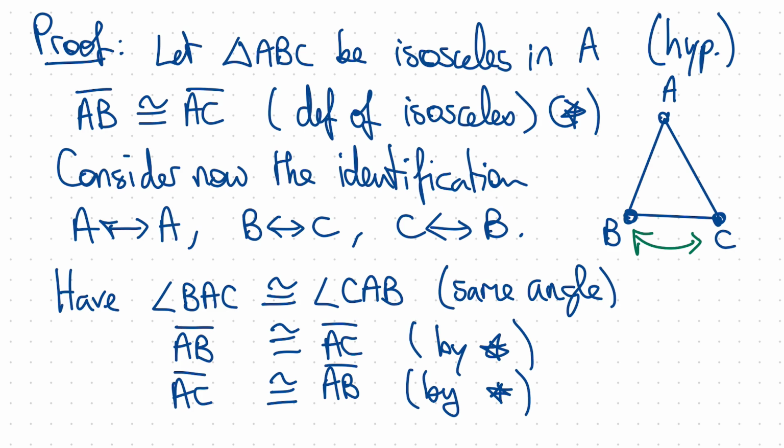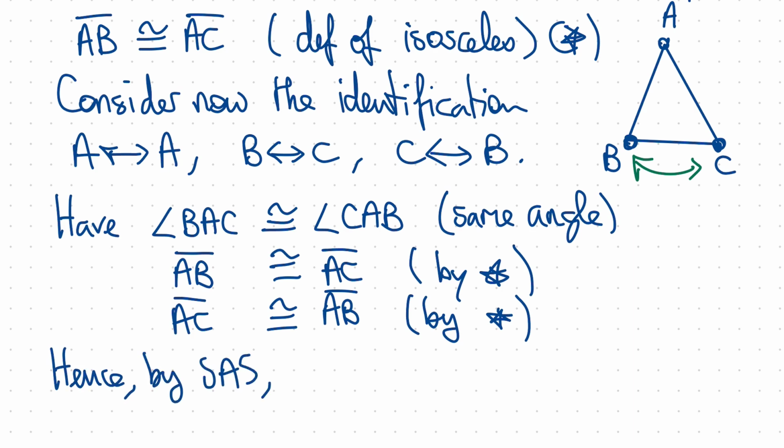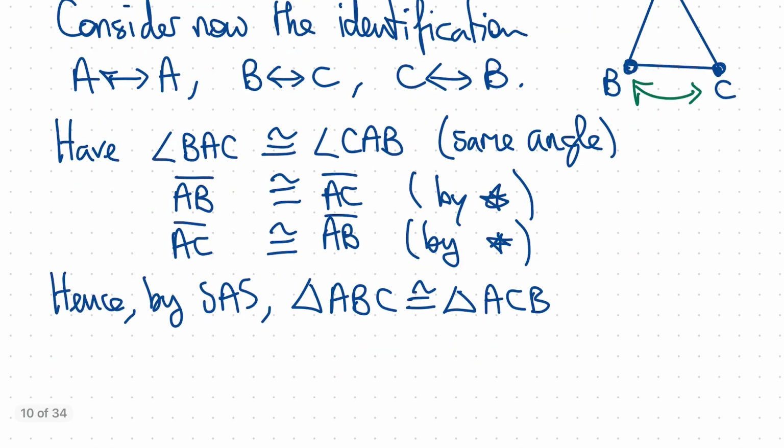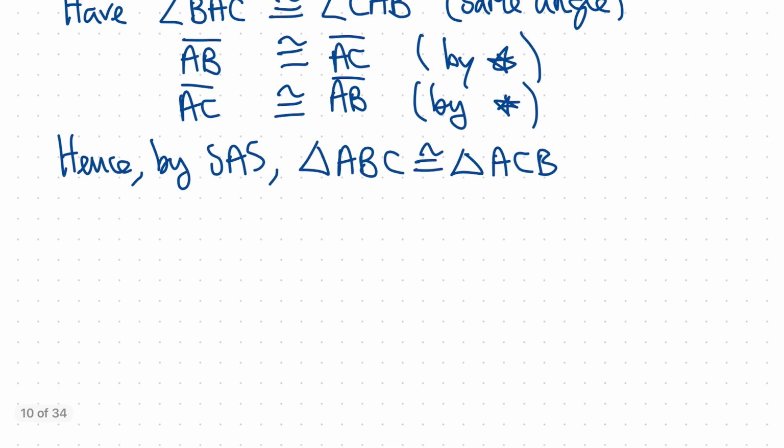And implicitly in this, we've used the axiom that congruence is an equivalence relation. And then from this, we have therefore used side angle side to show that triangle ABC is congruent to triangle ACB. So we use side angle side on the triangle with itself, but where the identification of the vertices has changed.